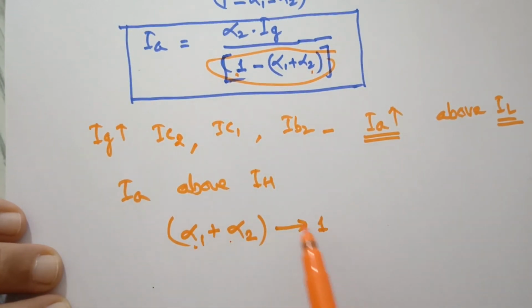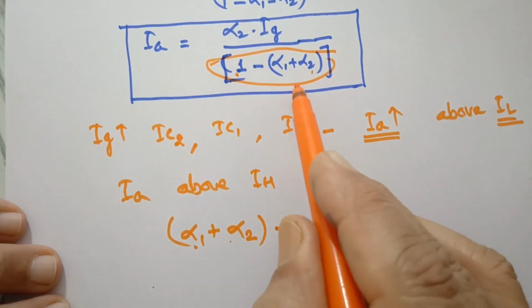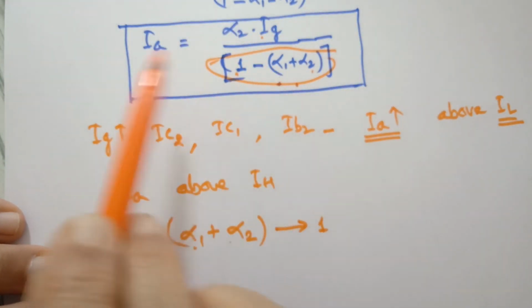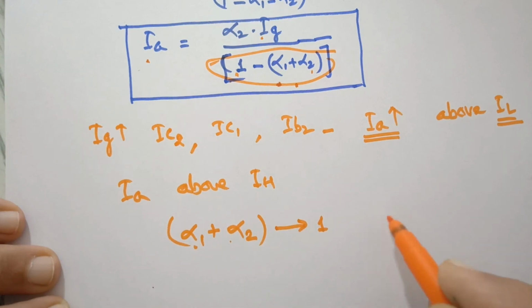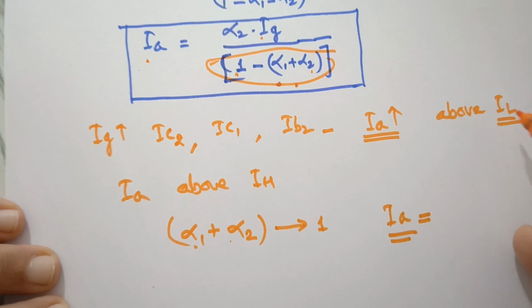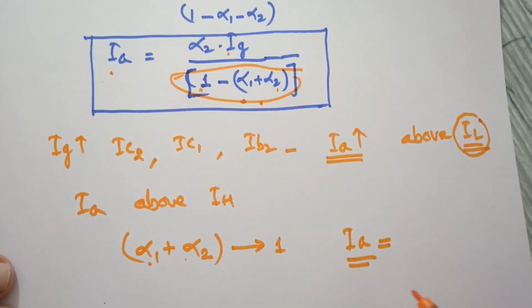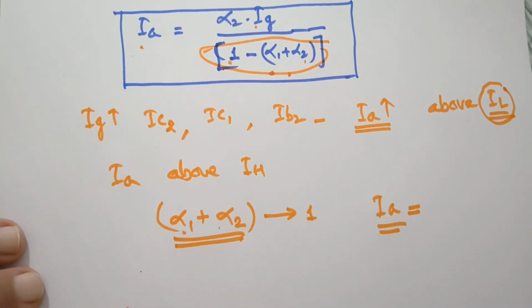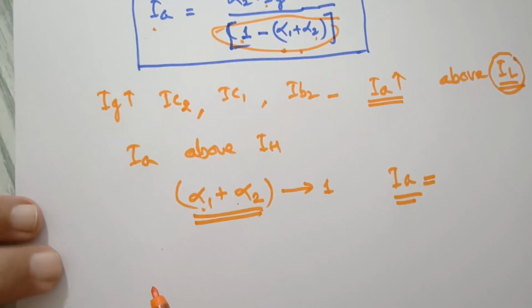As this approaches 1, the value of this denominator tends to 0, and mathematically when anything is divided by 0, that makes it infinity. So that increases the anode current by a large amount, and what we need is just that it should be above the latching current, and once the anode current crosses the latching current, SCR turns on, guaranteed. So this is very important, and this is the main factor utilized for turning on the SCRs.